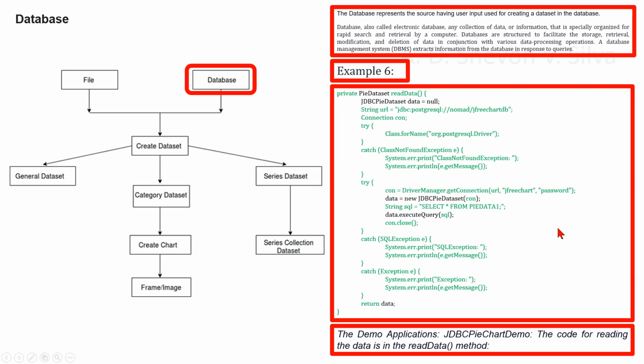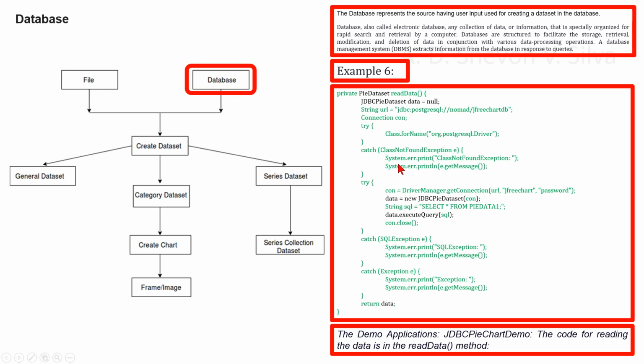The code for reading the data is in the readData method. The important things to note in the code are the URL used to reference the test database includes the name of the test server here, Nomad. You will need to modify this.